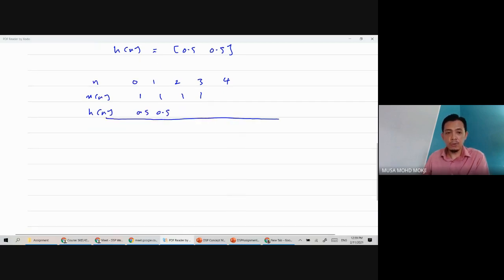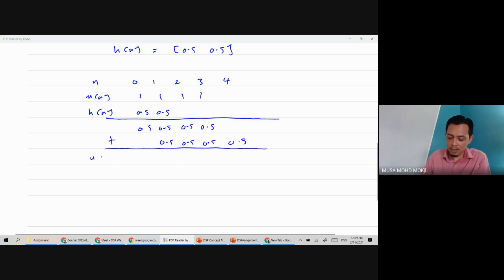Then we can start the multiplication. 0.5, 0.5, 0.5, 0.5, and then the other one is 0.5, 0.5, 0.5. Because we have only 2 samples in h[n], you just need to multiply 2 times. And this is y[n], which is 0.5, 1, 1, 1, 0.5.